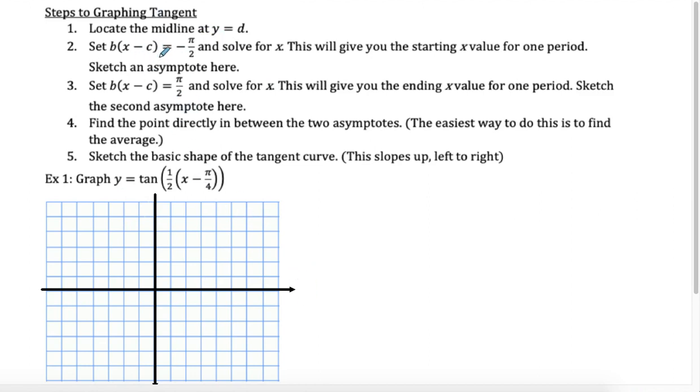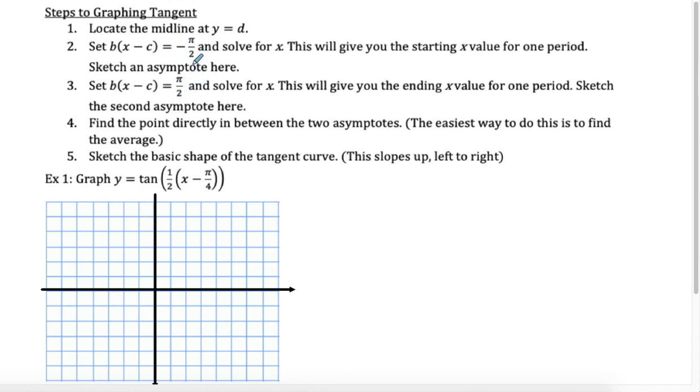Now, these next two steps are similar to when we graphed sine, cosine, secant, and cosecant, except now for tangent, I'm setting my starting point equal to negative pi over 2 and my ending point equal to positive pi over 2. So this is the big difference.